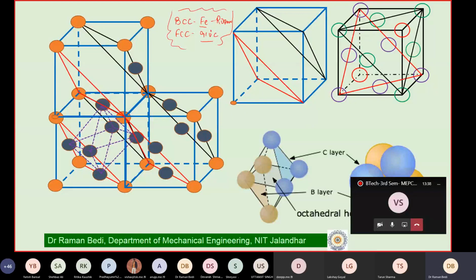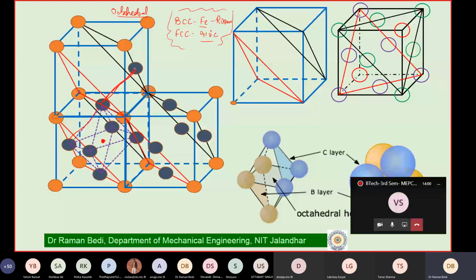In my last class, we explained that in the case of octahedral voids, the first location is at the center of the unit cell, and the second location where you find octahedral voids is at the edges of the unit cell. Sorry, all the edges of the unit cell.